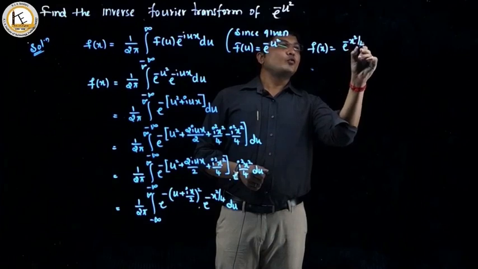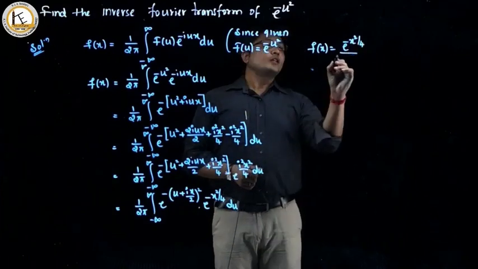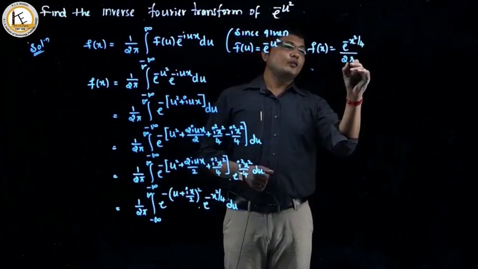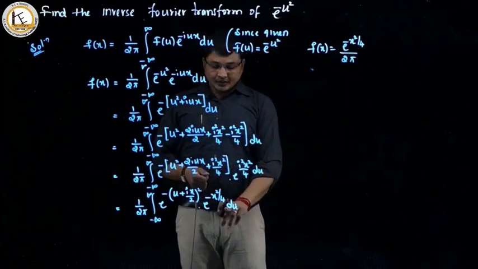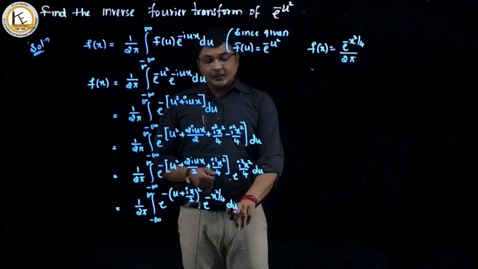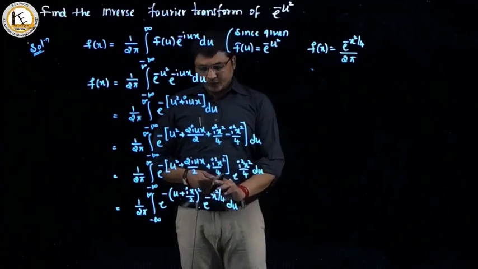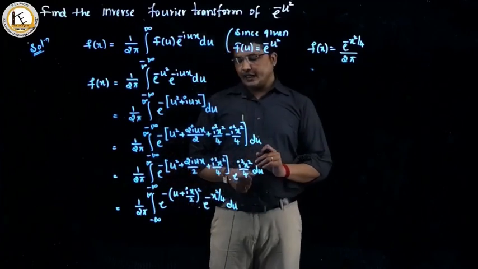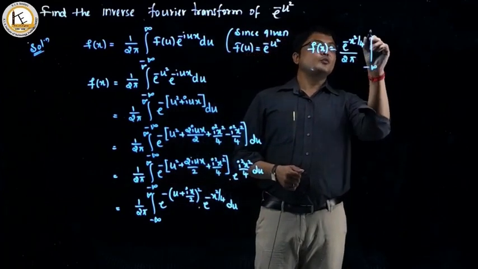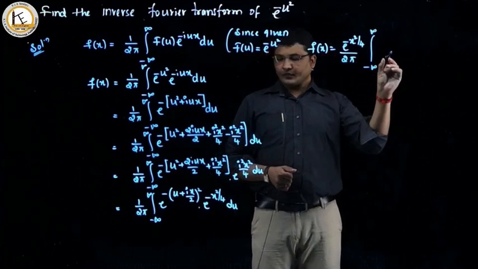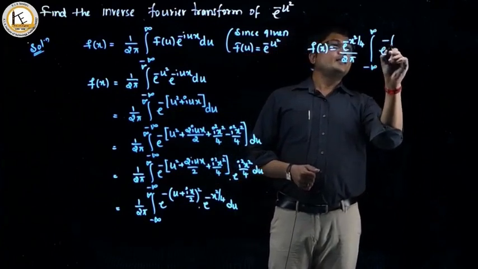Since we need to evaluate this integral with respect to u, we consider e raised to minus x square by 4 as a constant. Therefore we have f of x equal to e raised to minus x square by 4, I will take it out, divided by 2 pi.